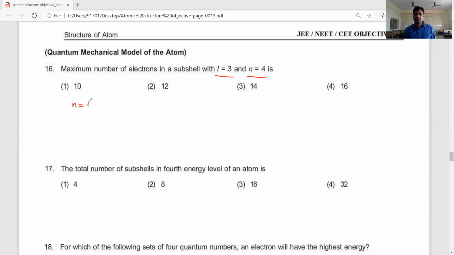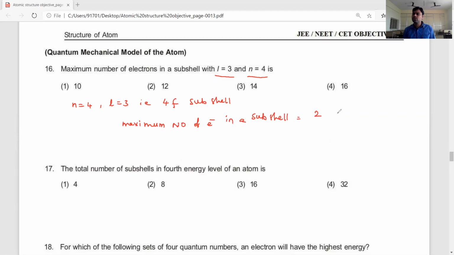If n is equal to 4 and l is equal to 3, that is the 4f subshell. So what is the maximum number of electrons in a subshell?